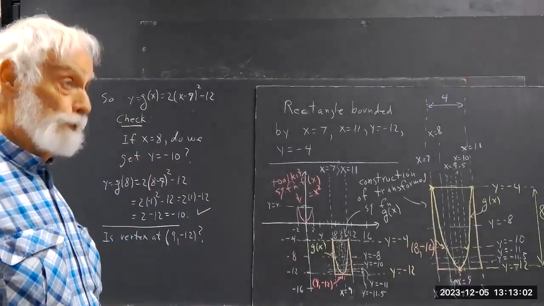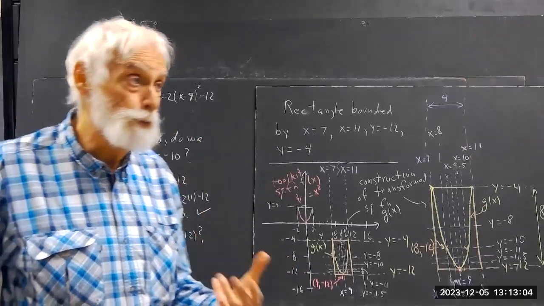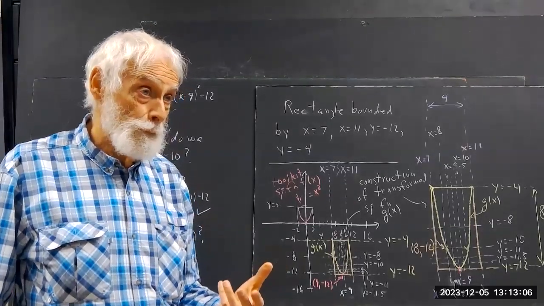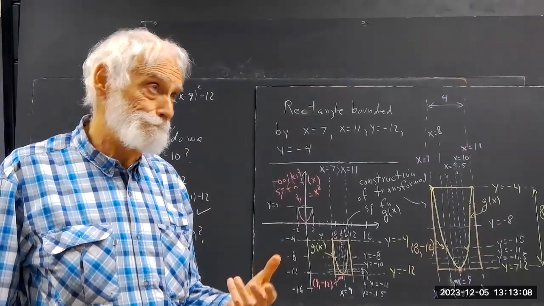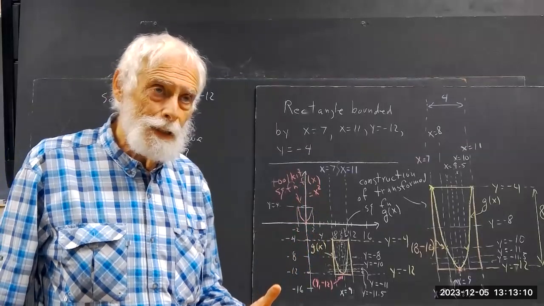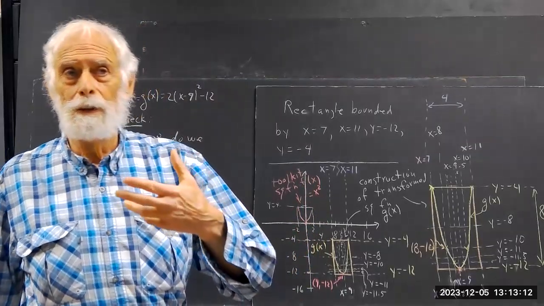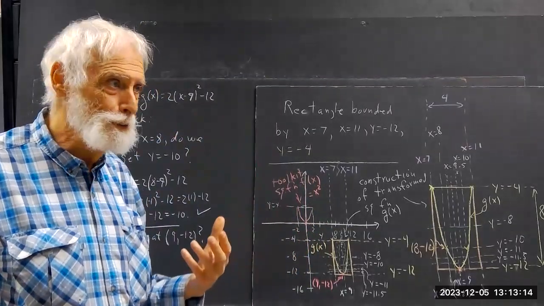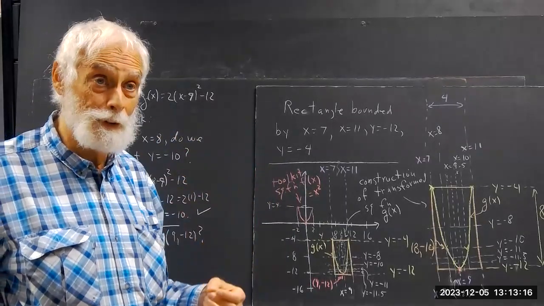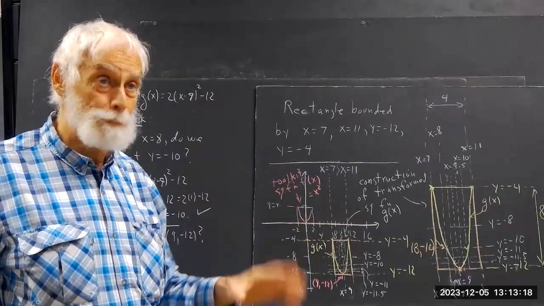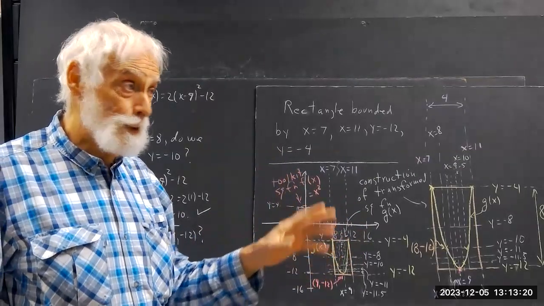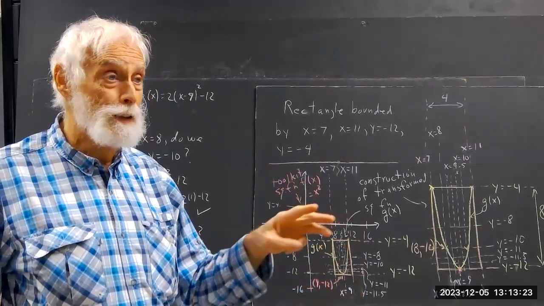Now, there's a technique for finding vertex form called completing the square. I've made the executive decision for this course, as I'm teaching it, that I don't teach completing the square. I should. There are a lot of things we should do that we just can't do.